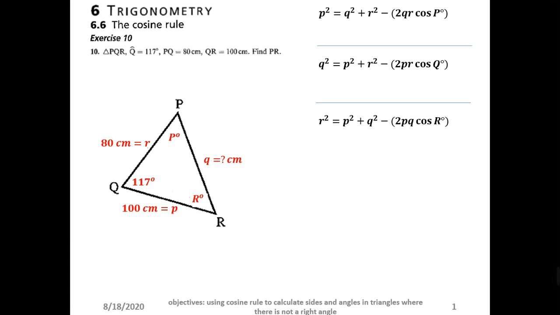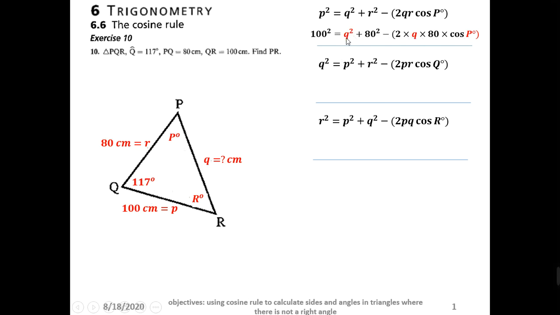Now all we need to do is substitute. Here P is equal to 100. So it's going to be 100 to the power of 2 is equal to Q, my unknown, Q squared, plus R, which is equal to 80, so plus 80 squared, minus, open brackets, 2 times Q, which is unknown, times R, which is 80, times cosine P, which is unknown as well.